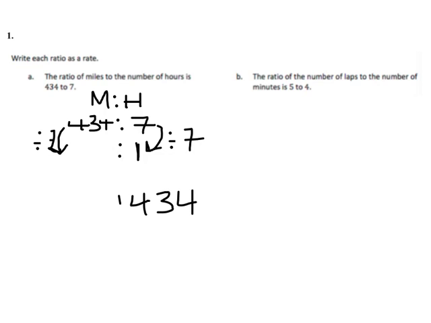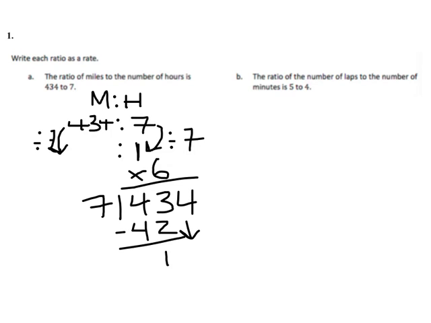434 is our dividend. What's 434? And 7 is our divisor. What is 7? Good. So 7 goes into 4 no times, goes into 43 6 times. 6 times 7 is 42. Subtract, you end up with 1 left over. Bring down the 4.